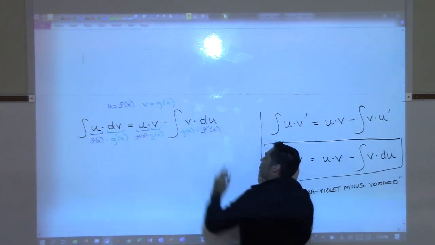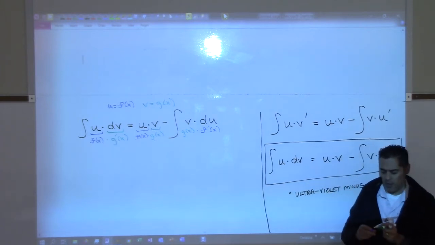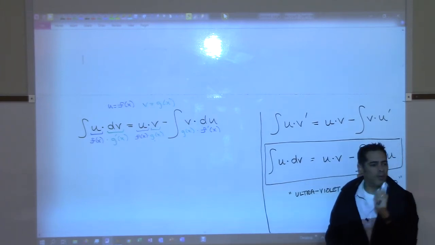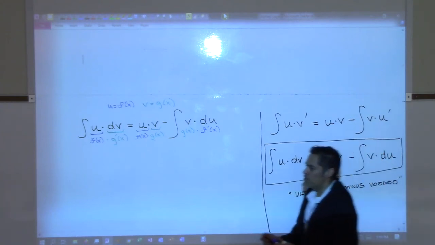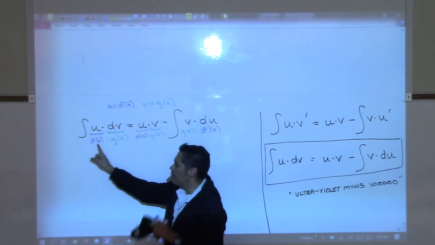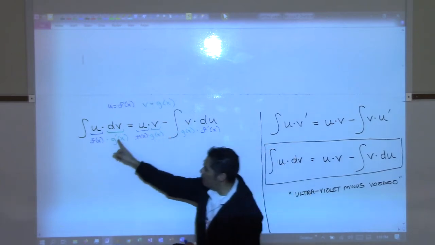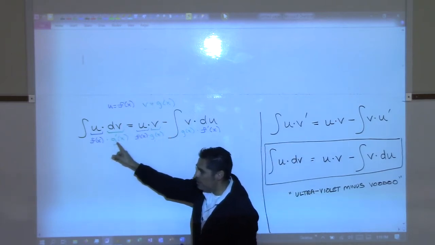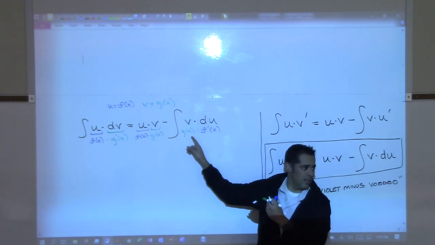So Dr. Richardson said, look, what's happening with this formula is that you are transferring the derivative. In this integral, there's no derivative on f, but in the new integral, you have the derivative on f. And over here you have the derivative on g, but here you've transferred it over and taken g back to its antiderivative. Do y'all see that?